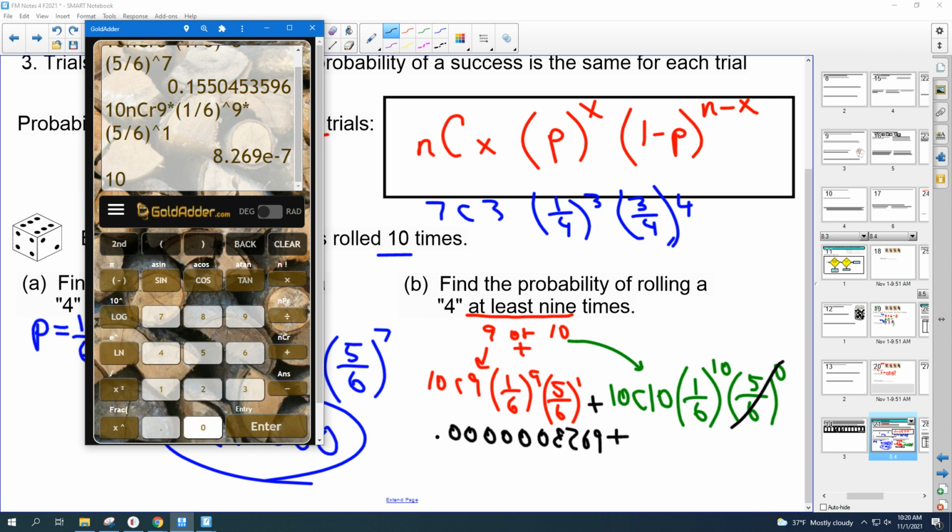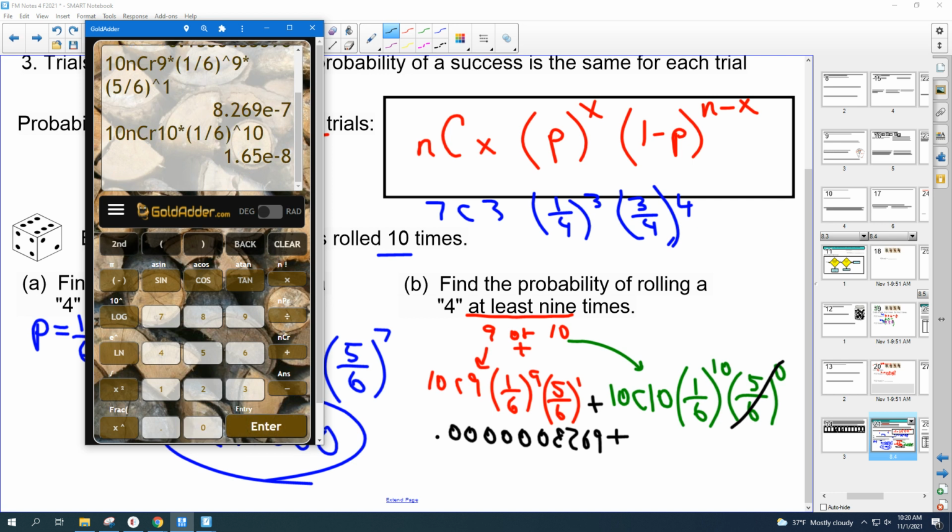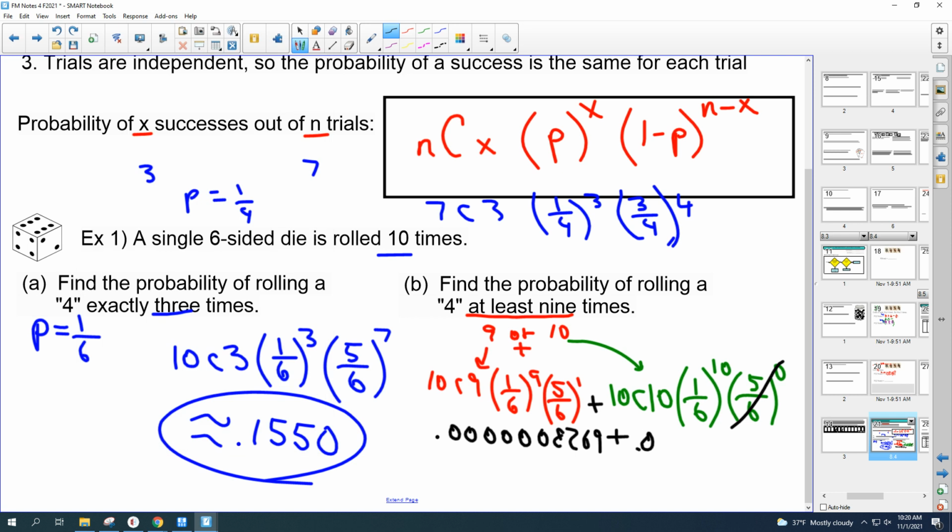We had 10 choose 10 times 1/6 to the 10th. So 6 zeros, 165. So we've got those two probabilities, add those together.